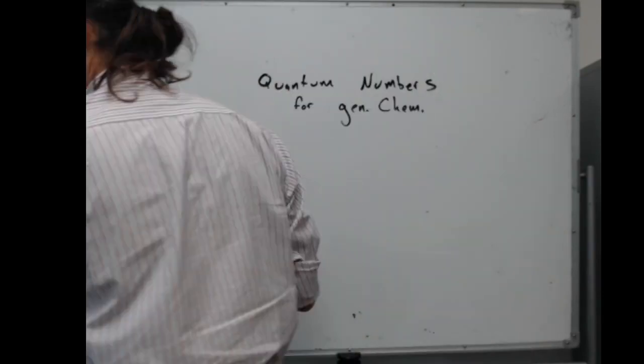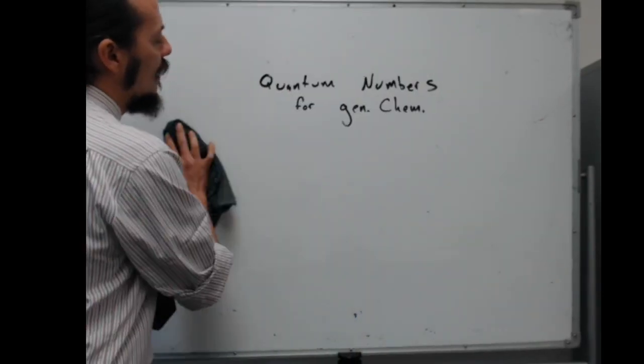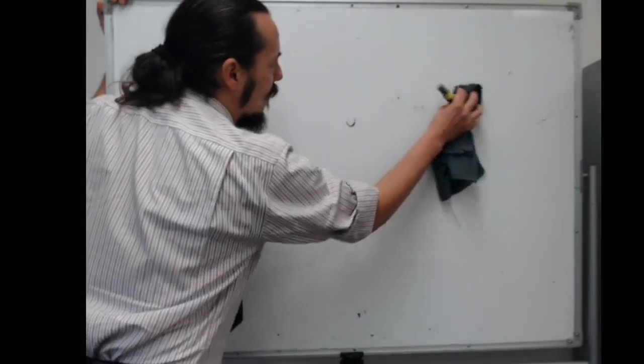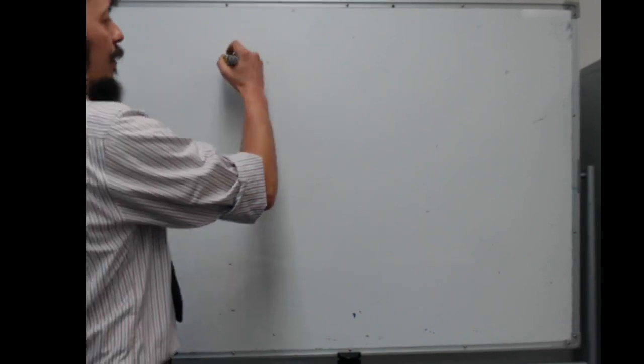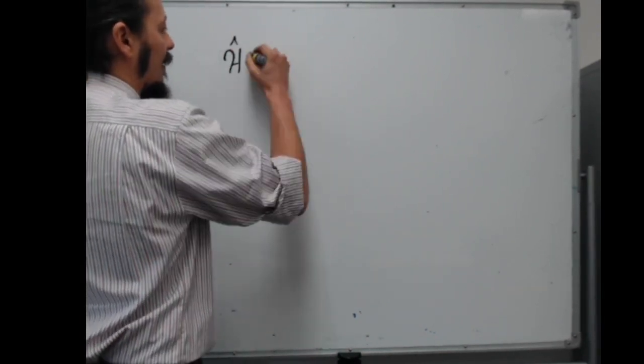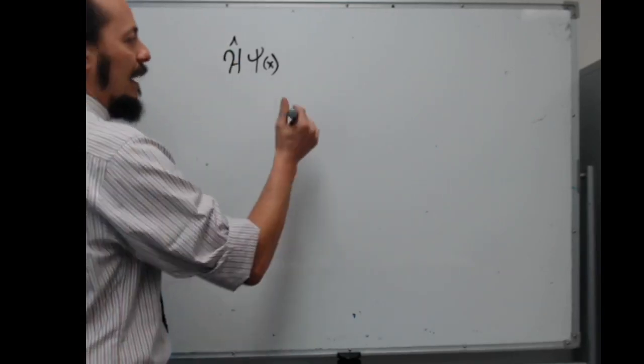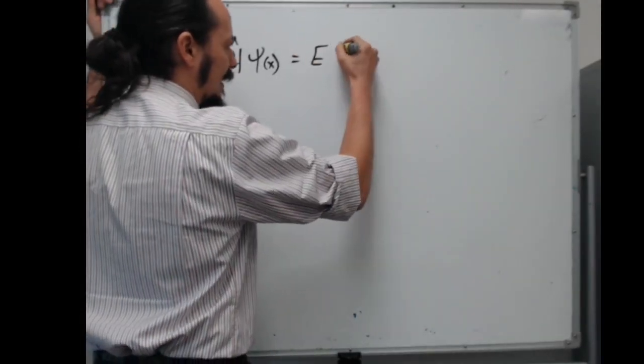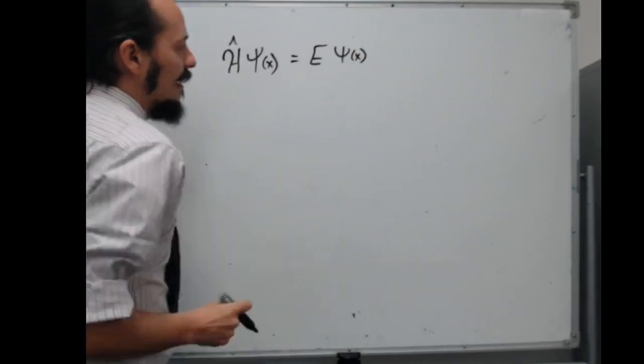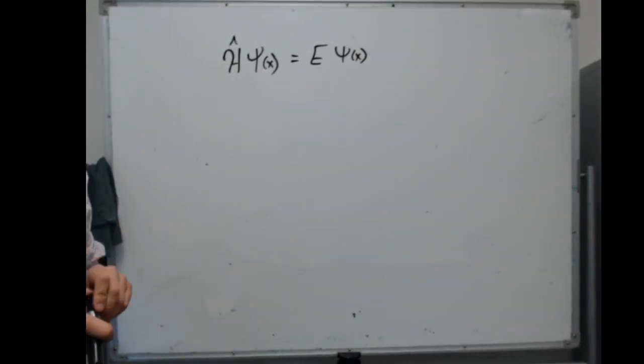The main thing to remember about quantum numbers is that they are there to simplify our lives. If you remember, we originally started talking about the Schrodinger equation. We said we've got some function psi of x that's being operated on that's going to give us some energy psi of x. And that alone was confusing enough, right?